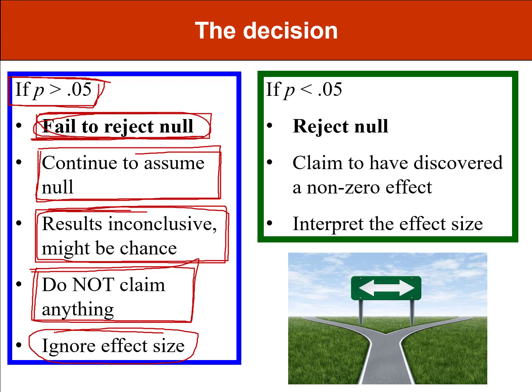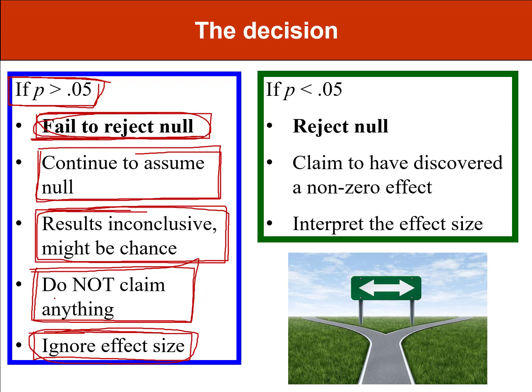So I wouldn't talk about, well, do I have a large effect or a small effect or a medium effect? Is my correlation large, small, or medium? Or is my D statistic large, small, or medium? I wouldn't interpret my effect size because if I fail to reject the null hypothesis, I don't have any evidence that I can claim any effect at all. So I'm not going to make comments that might interpret my effect size. I'm going to essentially ignore the effect size because I don't have any evidence that it's giving me anything meaningful.